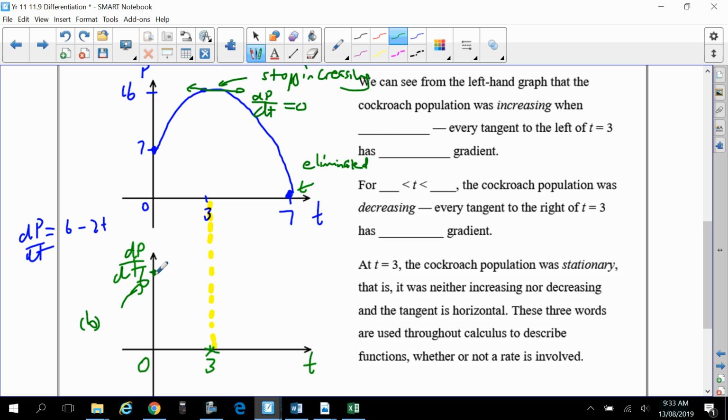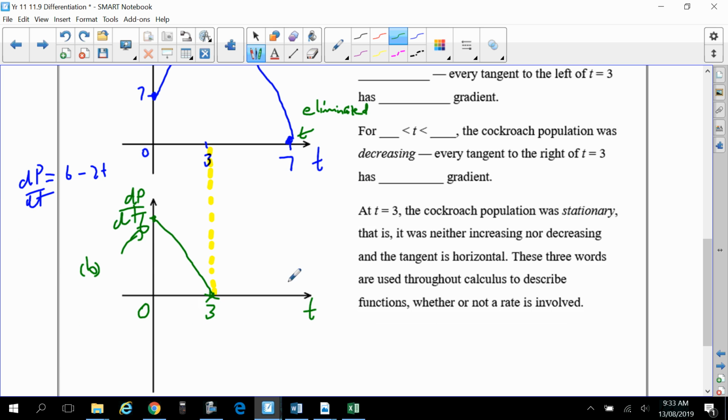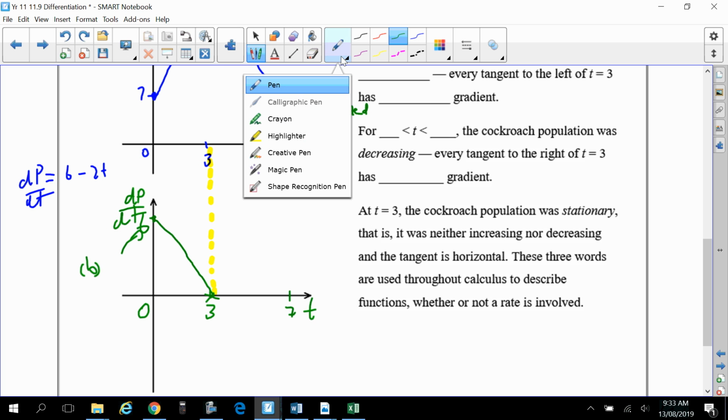And then the rate decreases to 0, and after that it keeps decreasing, and then the graph actually stops because there's no cockroach. It doesn't go down, right? It can't have negative cockroaches. Or maybe cockroaches become ghosts, I don't know, but it just doesn't make sense, right? So usually when you draw a parabola, it goes on forever, but in this context, it doesn't.